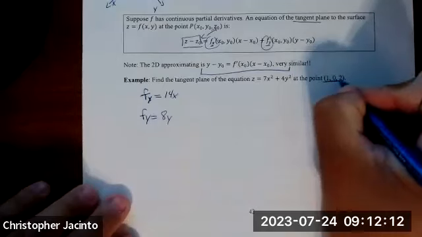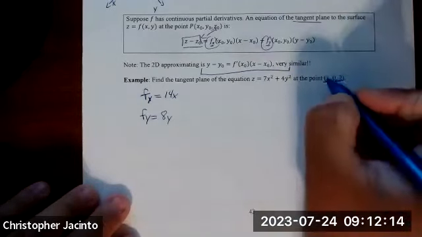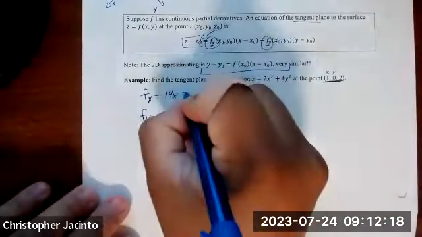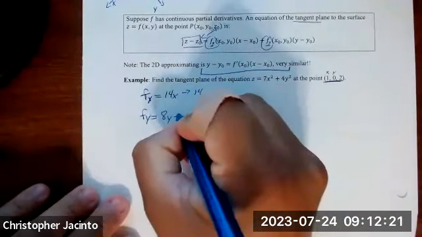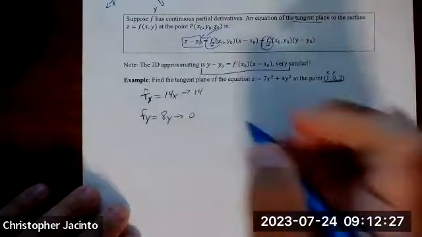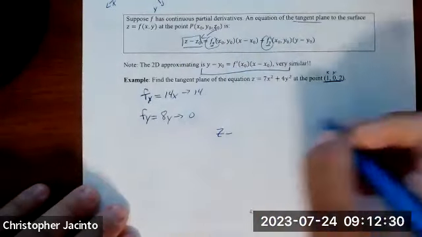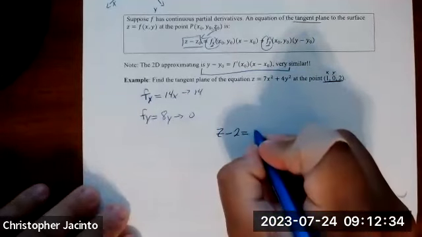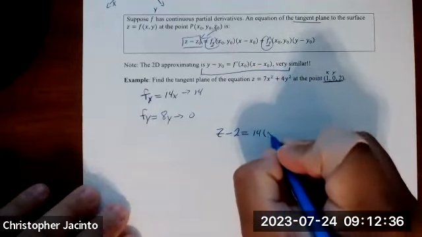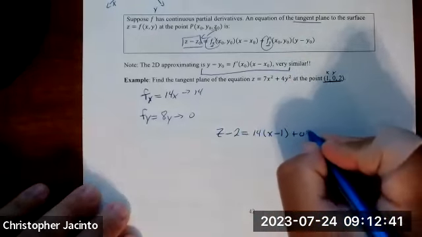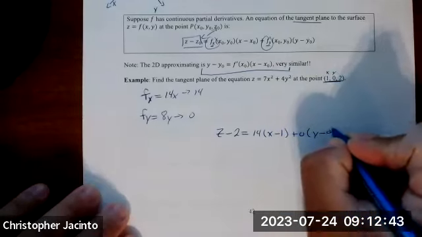And now we plug them into the point 1, 0, 2. So plug in x, y to be respectively 1 and 0. So this ends up being 14. This ends up being 0. All right, so now we plug into our equation. So it's going to be z minus z naught, so minus 2, is equal to 14 times x minus 1 plus 0 times y minus 0.